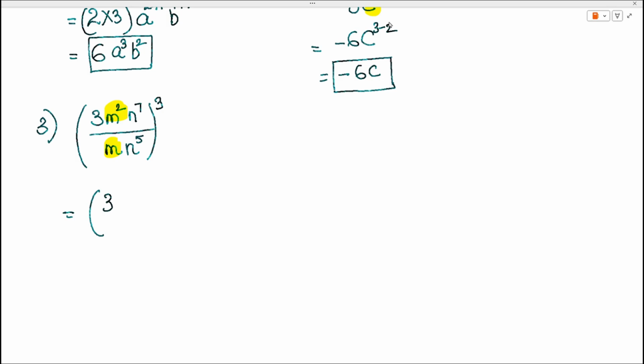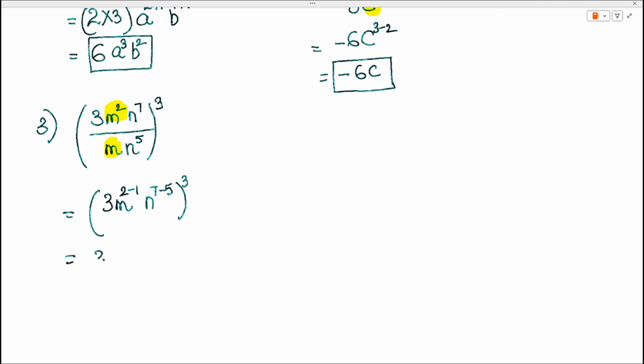These two powers, they have the same base, and they are in division, so we can subtract the exponents. So this becomes m raised to the exponent 2 minus 1. And then n, it's the same situation, same bases, and in division, so exponent subtracted. So 7 minus 5. And this whole raised to the exponent 3.